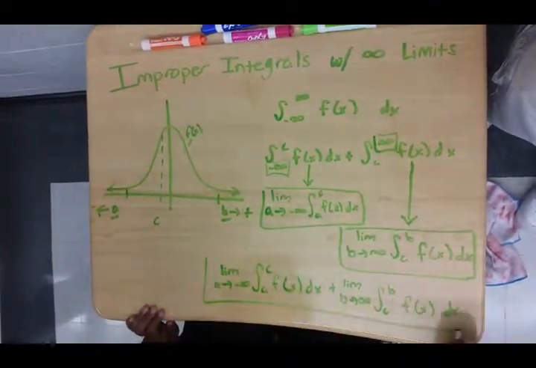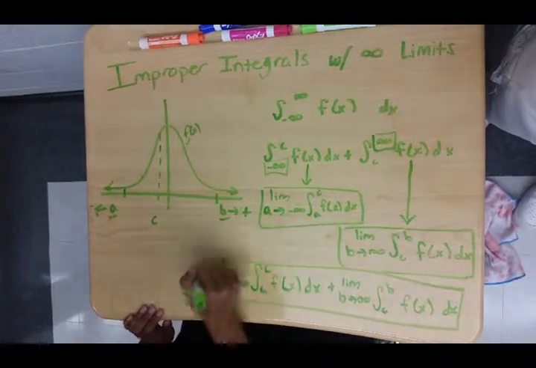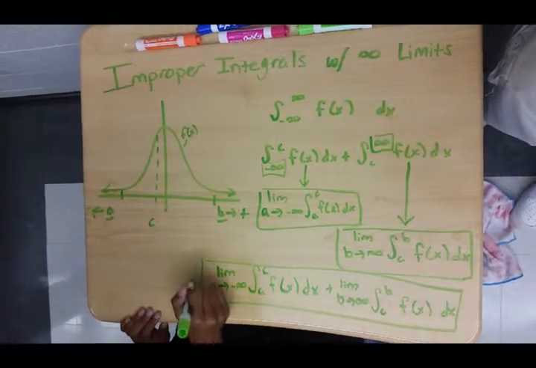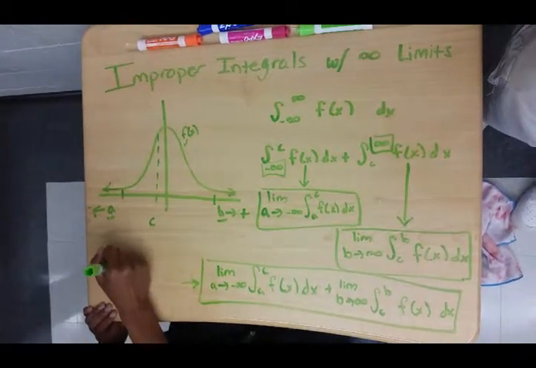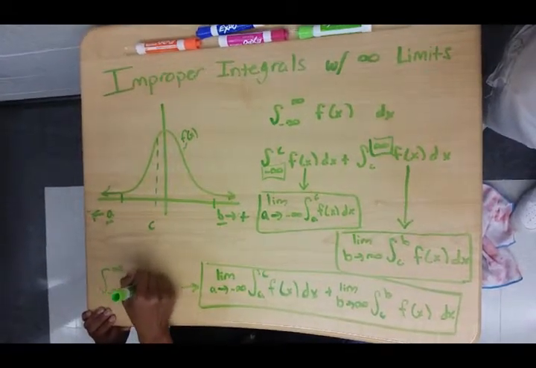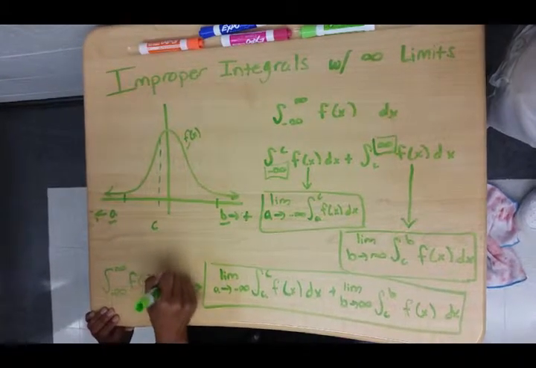And this equation is the answer to the improper integral from negative infinity to infinity of f of x dx.